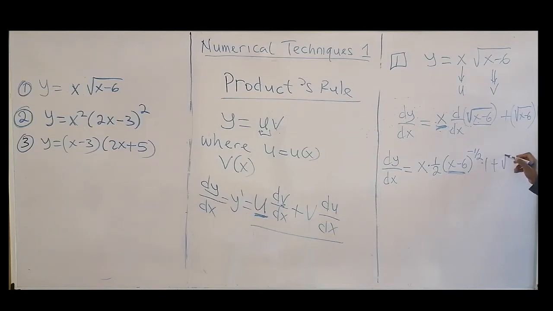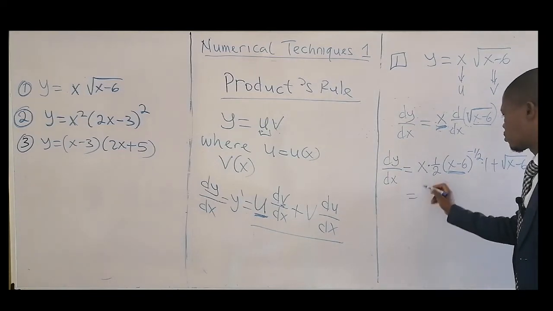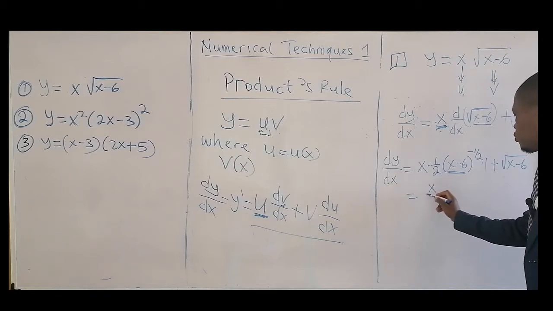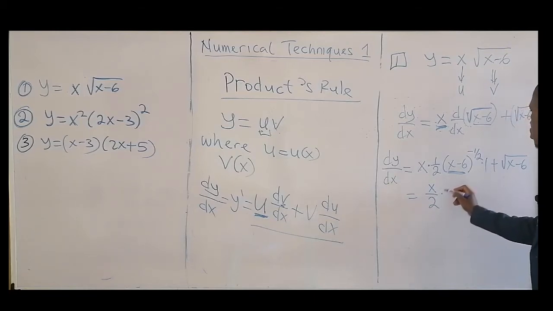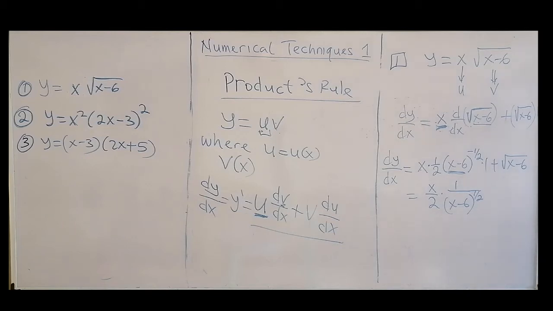Then plus what? Plus this. Okay? And this will give us what? This will give us x times half, that's x over 2, times this minus here is 1 over (x minus 6) to the power half.